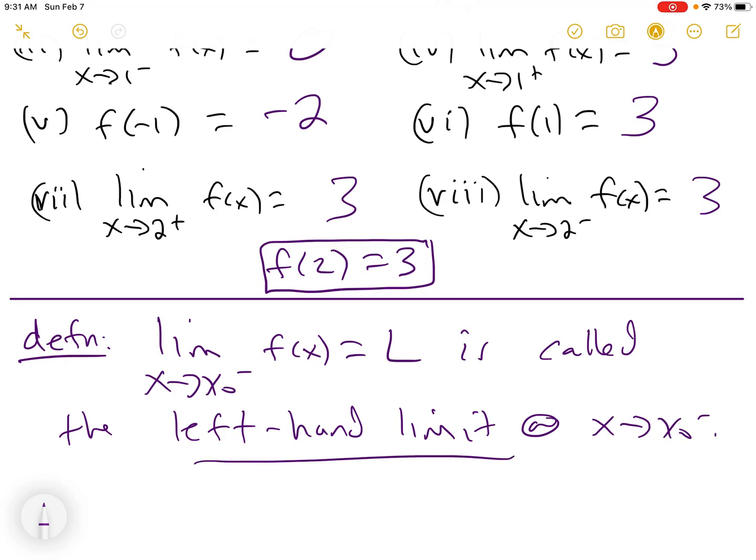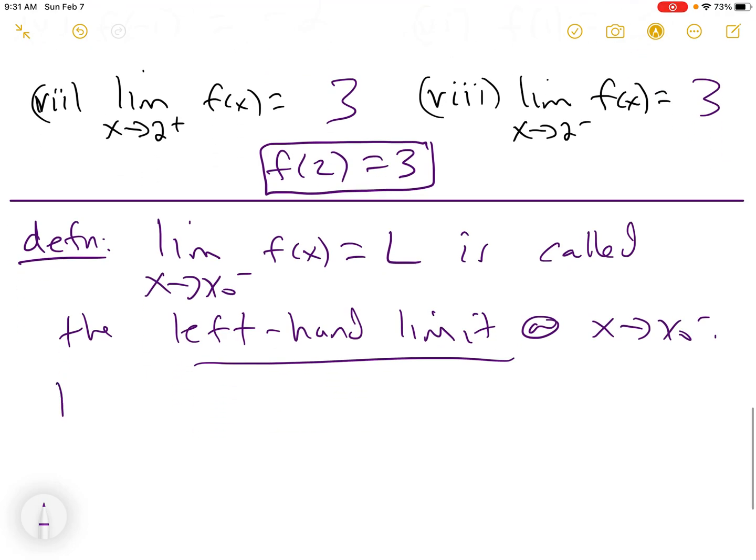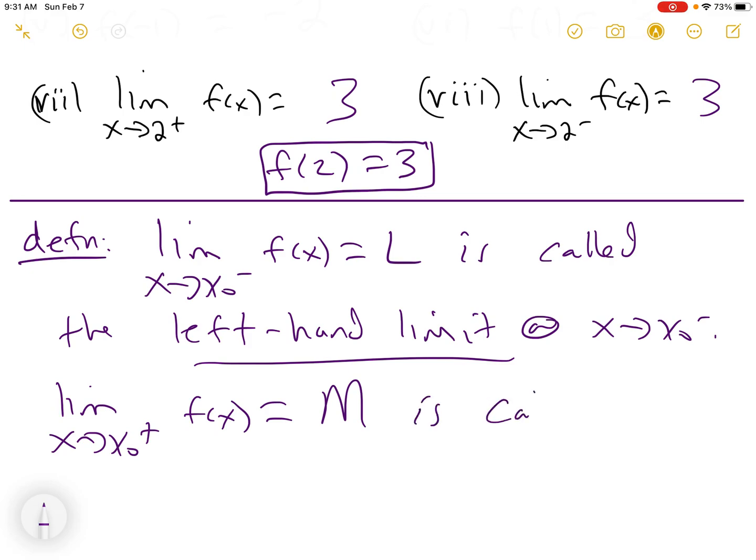Similarly, the limit as x approaches x naught from the right of f of x, I'm going to let that be M, is called the right-hand limit.